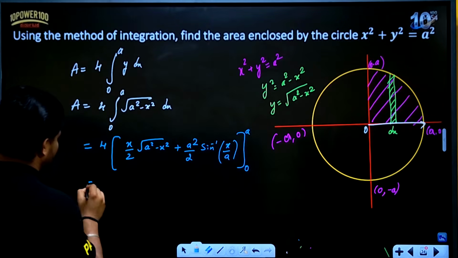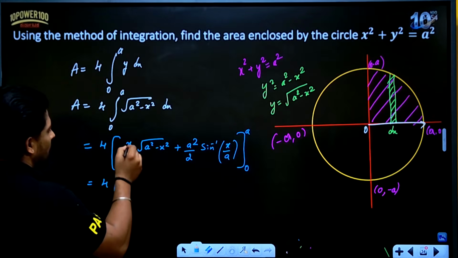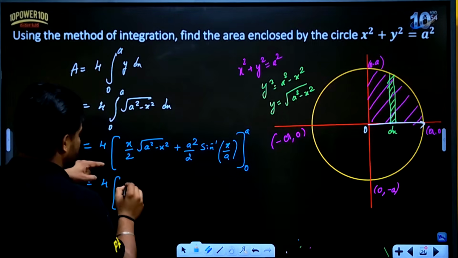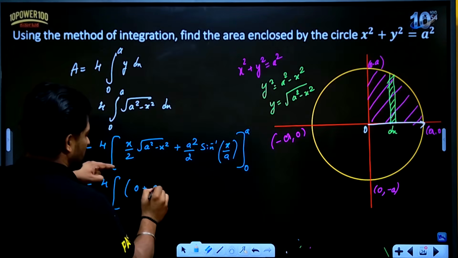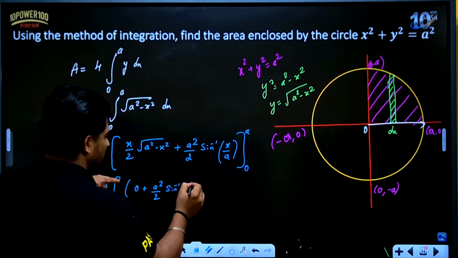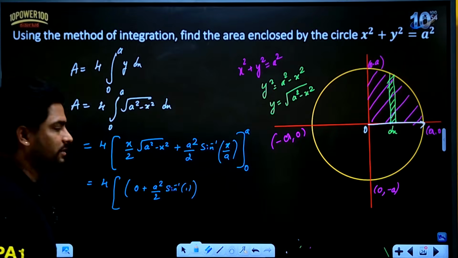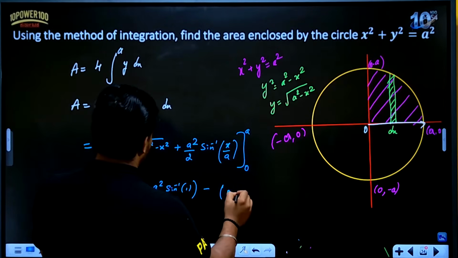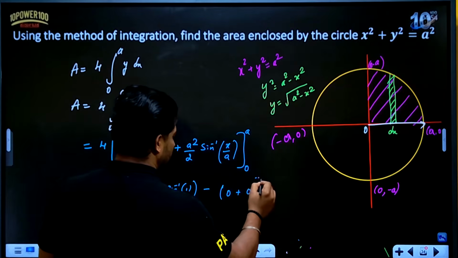Limit is same, so if I substitute a here, this complete first term becomes 0. Plus a square by 2 sine inverse of 1. Same step as before, no changes. Minus, 0 plus 0 comes. So don't worry about this.